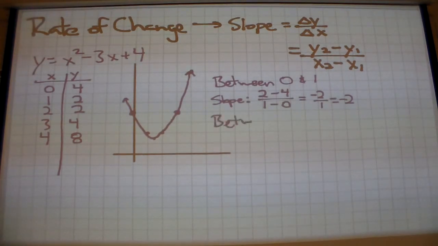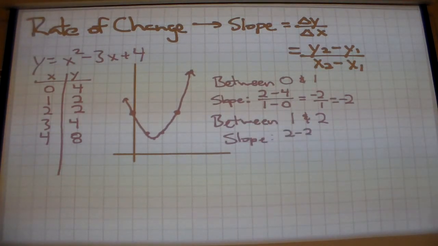What if we said between 1 and 2? 0. So we could say our y values are 2 minus 2, x values are 2 minus 1, comes out to be 0. Is the slope 0 between those 2 points? Yeah. Didn't go up or down at all.